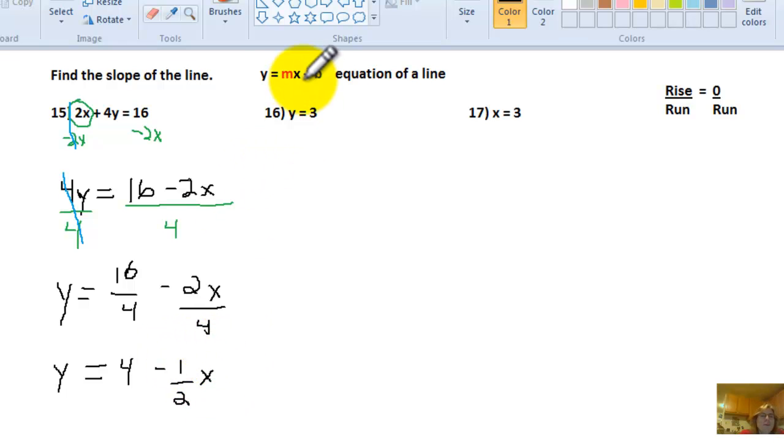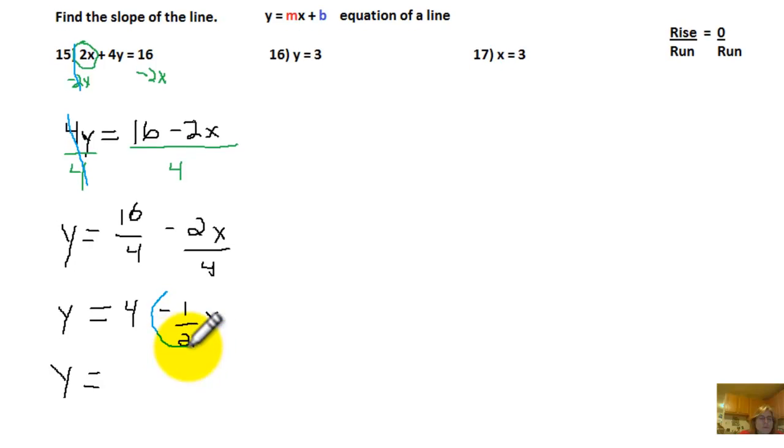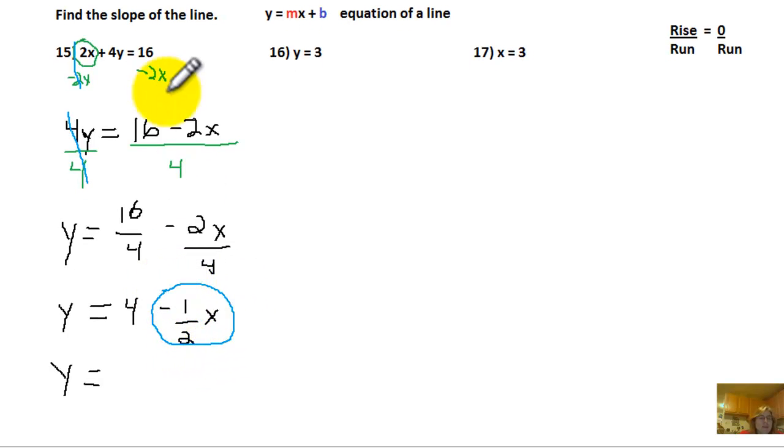Well, this still doesn't quite look like this. What we have is the mx here and the b there. Well, we can flip it around. In order to do that, you imagine there's a plus sign next to the 4, and you keep the minus sign with the 1/2 x, so that it goes together as a complete unit. We'll move that whole thing, and I can even be snazzy.